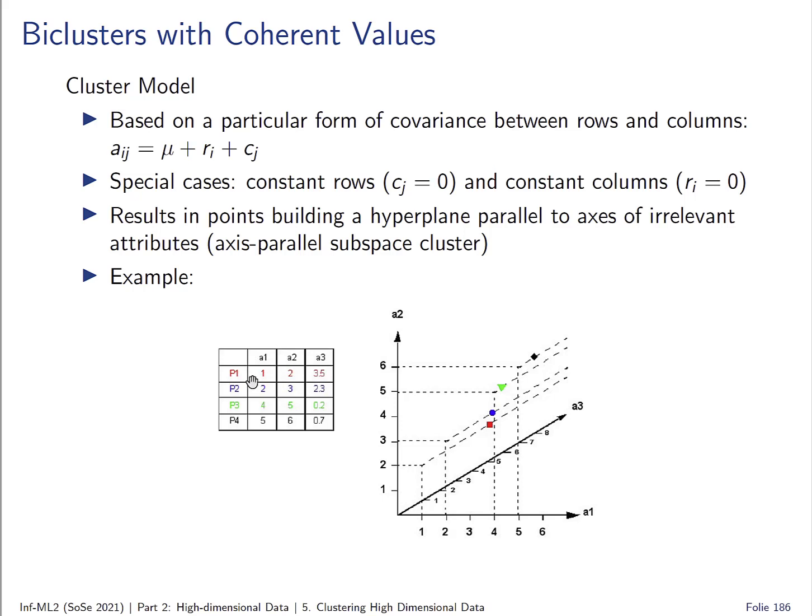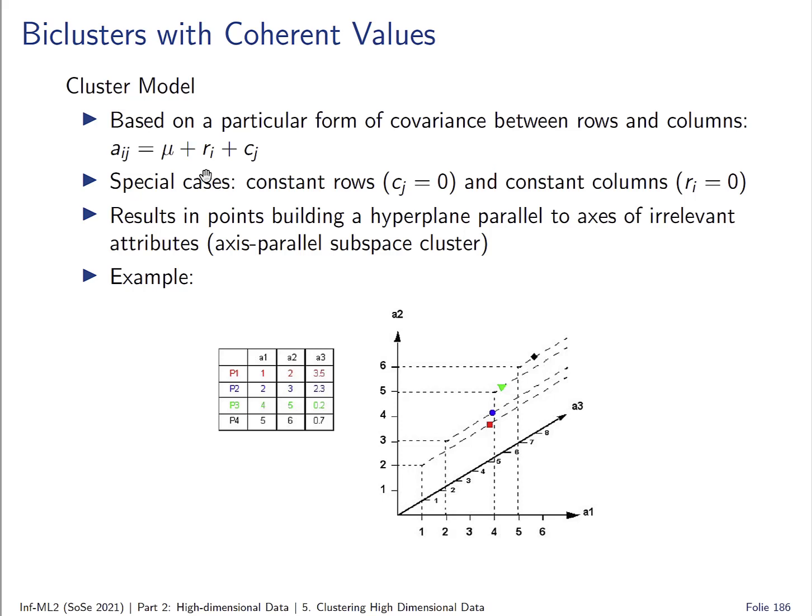So we may allow here 1.1 or 1.9 or something like that, instead of an exact match of this cluster model. And we could do that in all of the other models, of course. And that is the most general one if it comes down to these similar or even identical values.